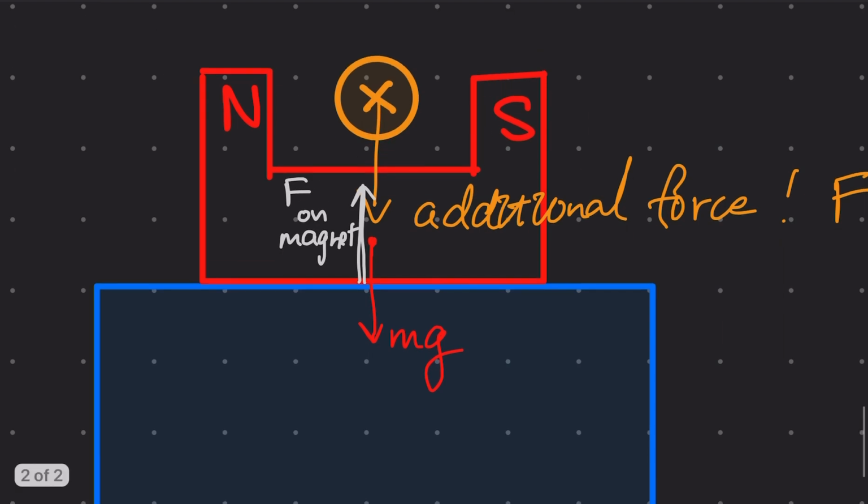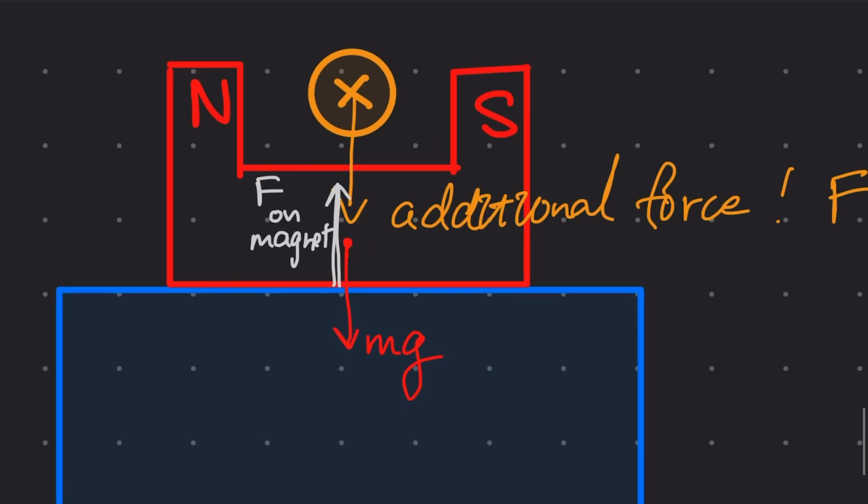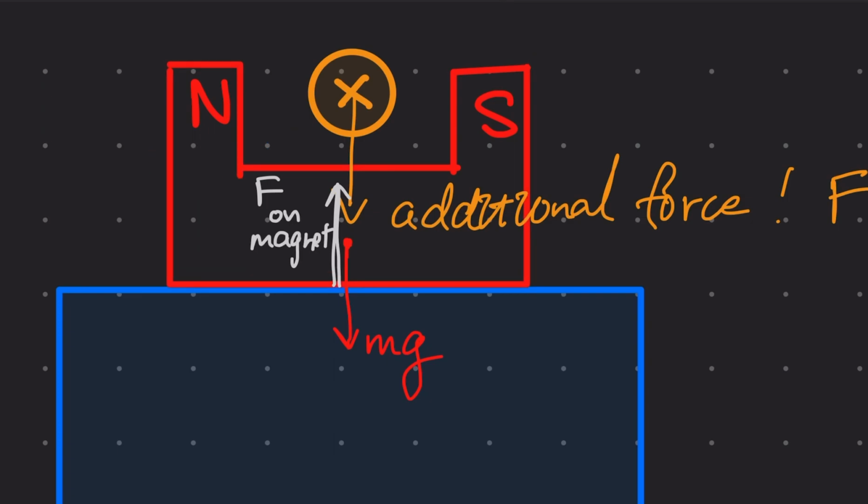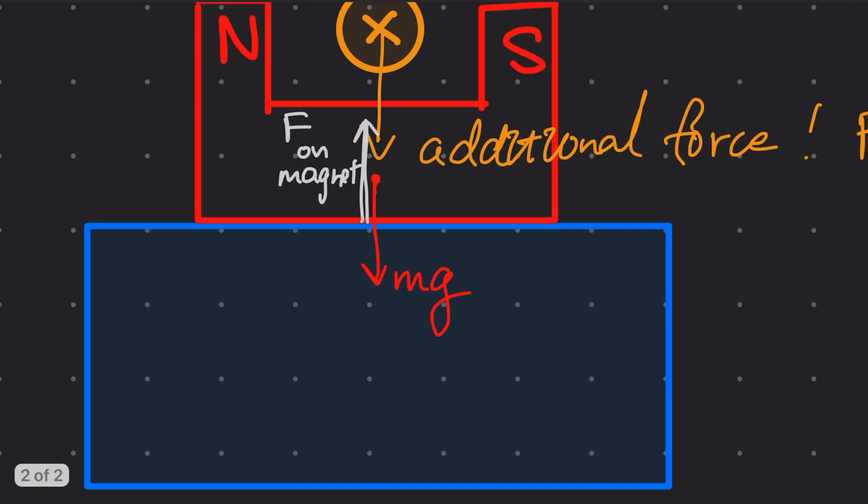So now we can imagine that the magnet is kind of lifted a little bit up because of that. And because of that, our balance reading decreases.